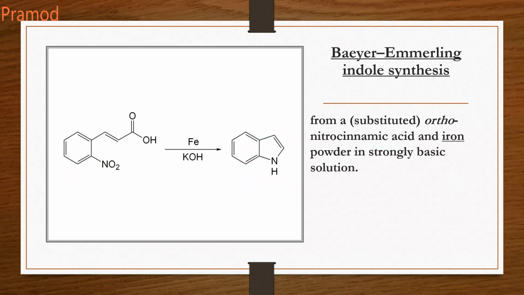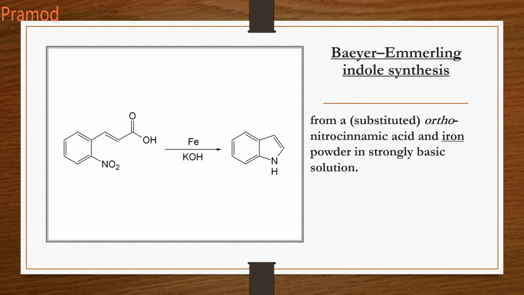Now next is Baeyer-Emmerling indole synthesis. What is this Baeyer-Emmerling synthesis? You take an ortho substituted nitrocinnamic acid. What is nitrocinnamic? You know, cinnamic acid is benzene which is attached to your acid by a double bond. Okay, so that is cinnamic acid.